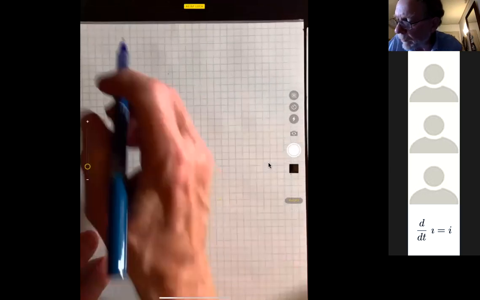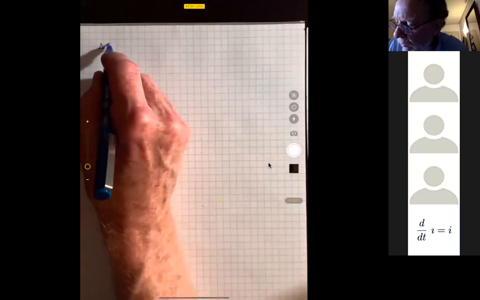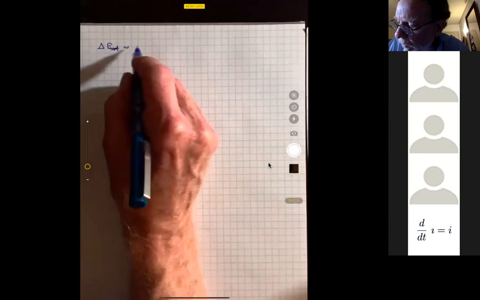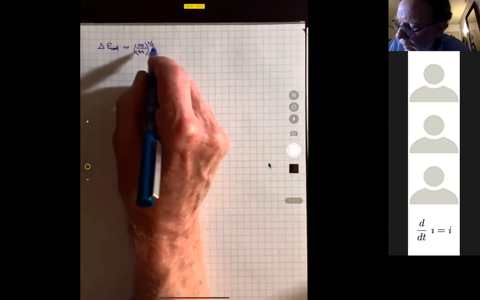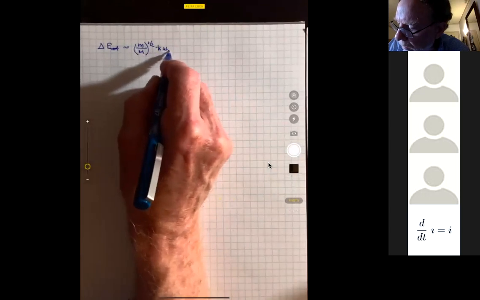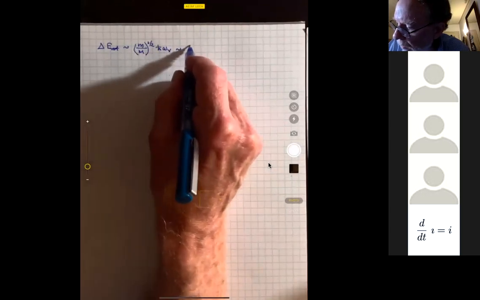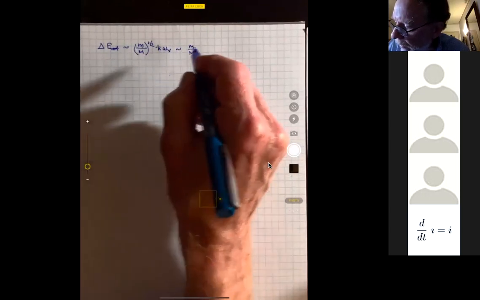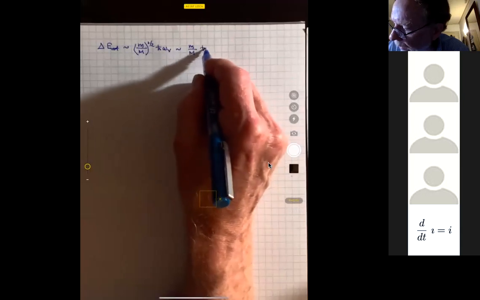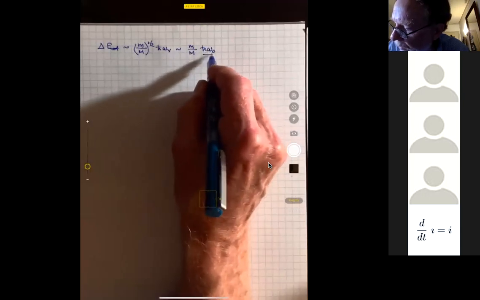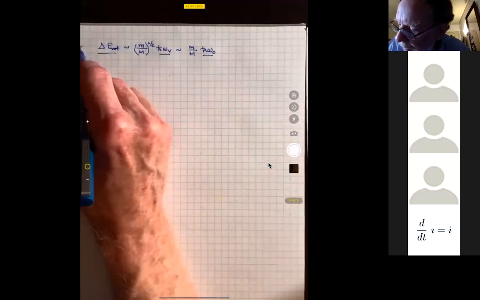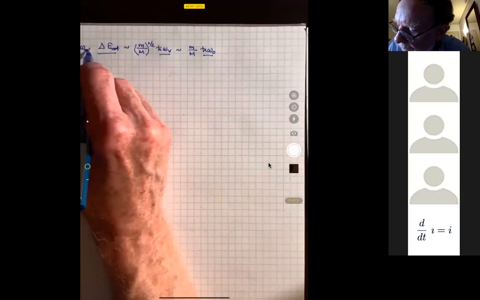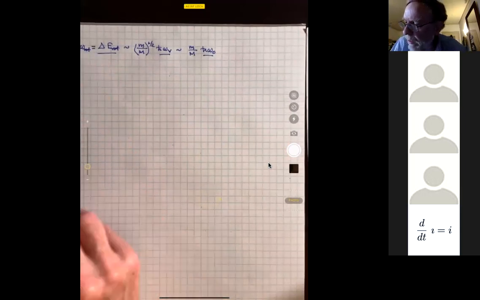If we work through the algebra from our table, what we find is that delta E rotational is of the order of m over M to the 1/2 power of h bar omega vibrational, which in turn is of the order of m over M, without any power on it at all, times h bar omega naught, which is the energy for optical transitions. So this can also be written as h bar omega rotational is equal to that.